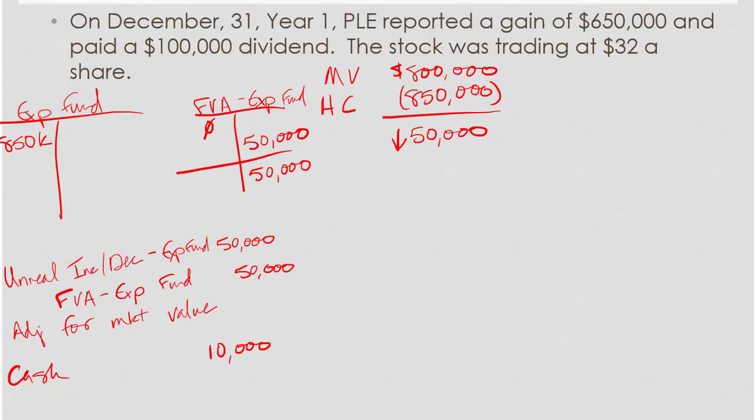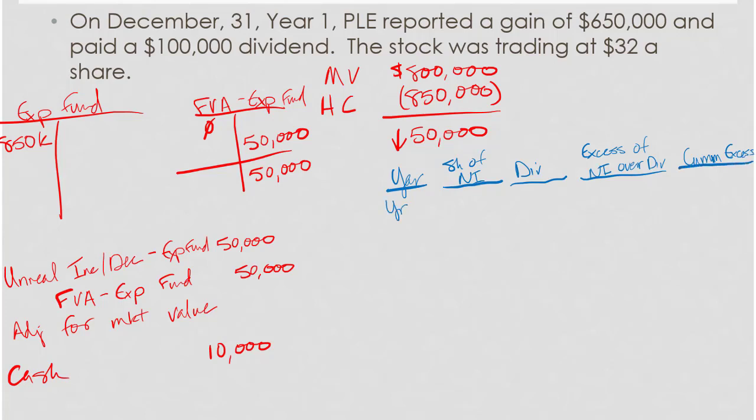So I need to build a table. We have our year, we have our share of net income, our dividend, our excess of net income over dividend, and then a cumulative excess.